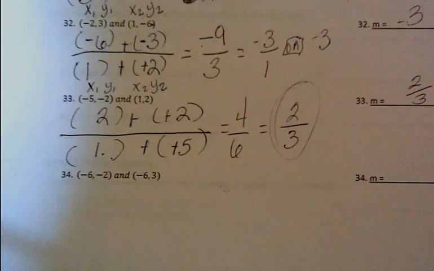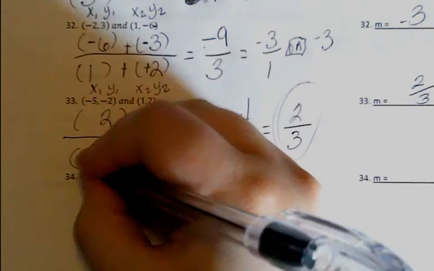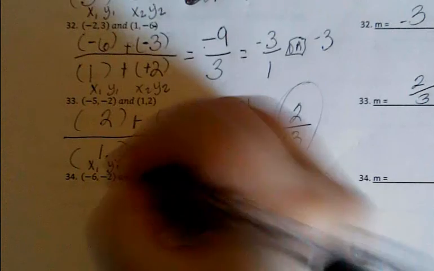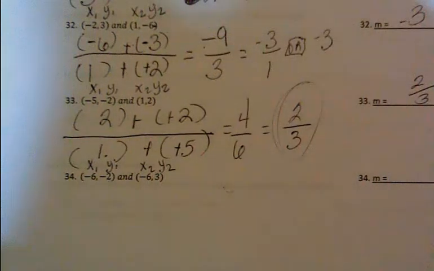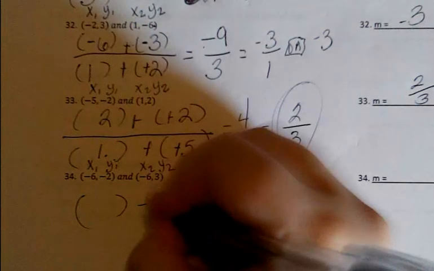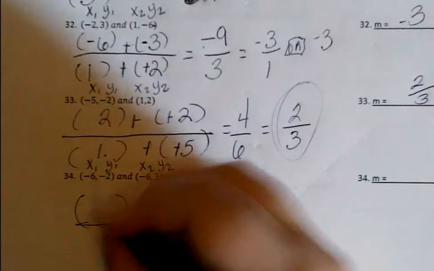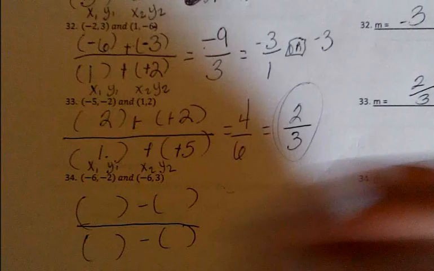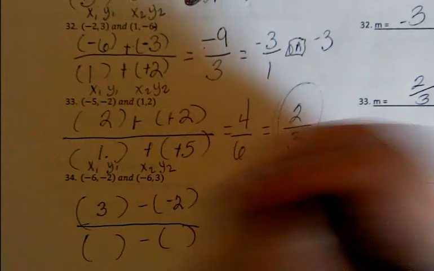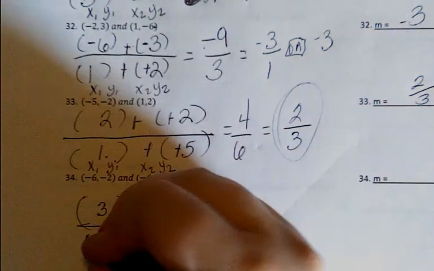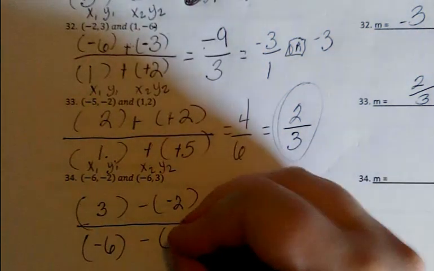And then problem number 34. This is my x1, y1, and x2, y2. So I draw my parentheses. So my y2 is 3, my y1 is -2, my x2 is -6, my x1 is -6.